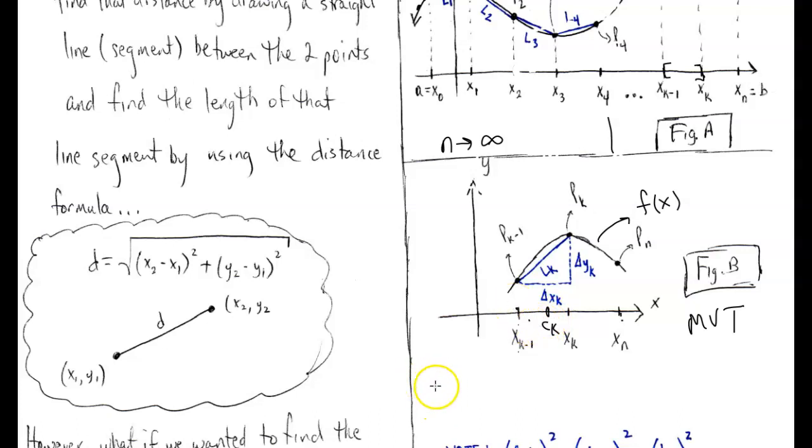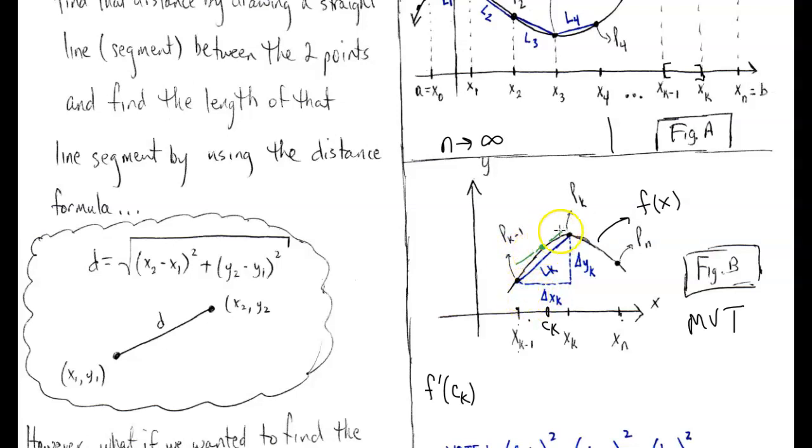the mean value theorem guarantees that the derivative of this function at c sub k, and if I look at that in a different way, let me switch colors here for a second so that we can actually see this a little better. So if I have c sub k here, that means I would have this point on this graph, which means I would have this particular tangent line.